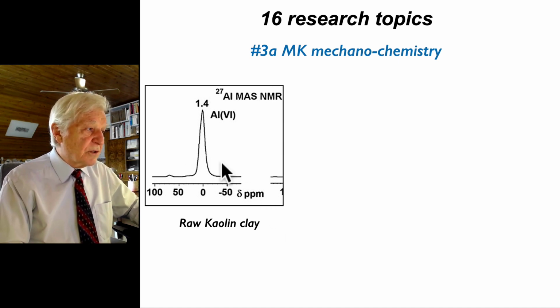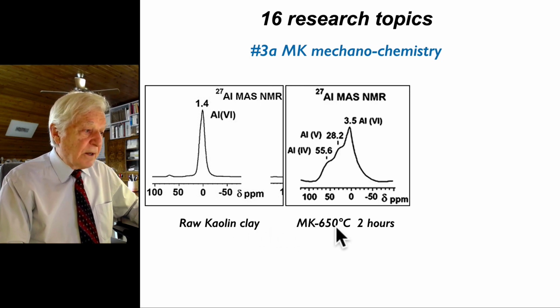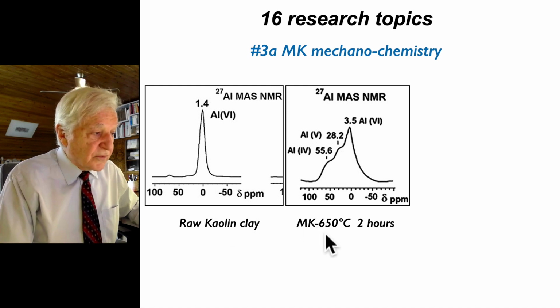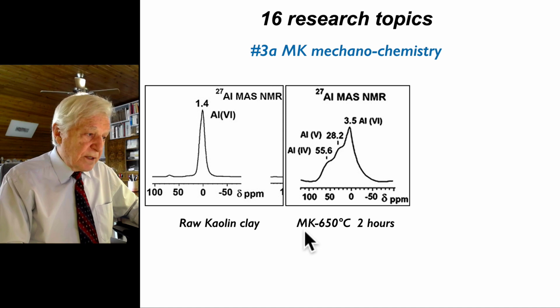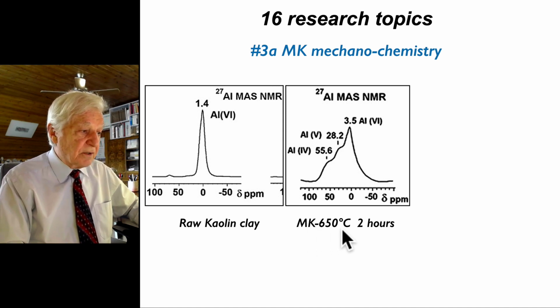Here we have the resonance of the aluminum of the raw kaolin clay. Here we have the resonance for the same for the clay that has been transformed into metakaolin with the calcination at 650 degrees C during 2 hours.